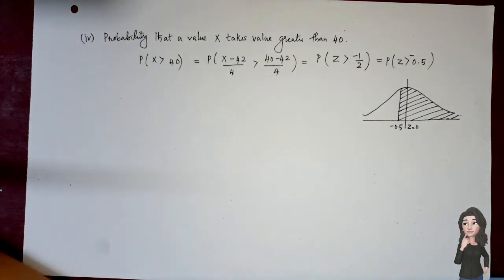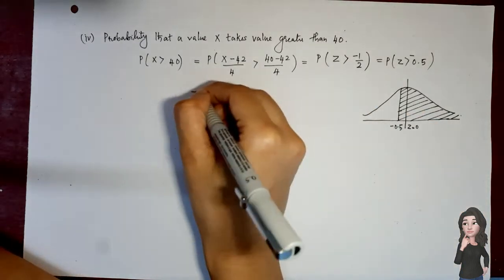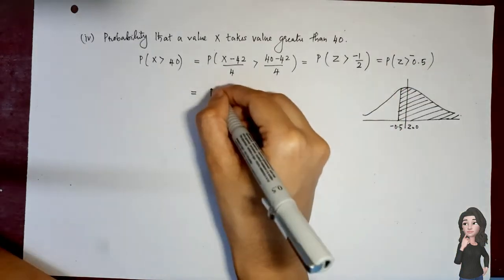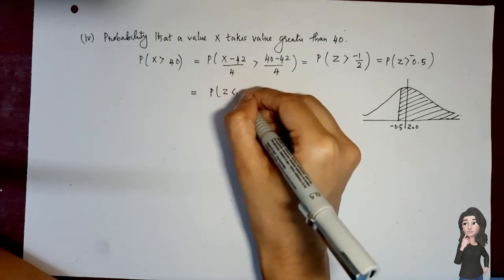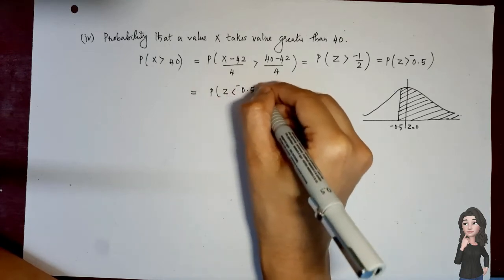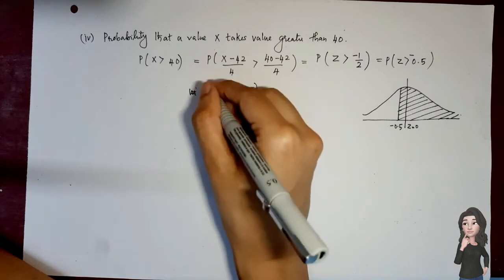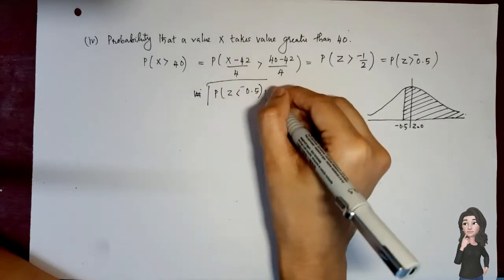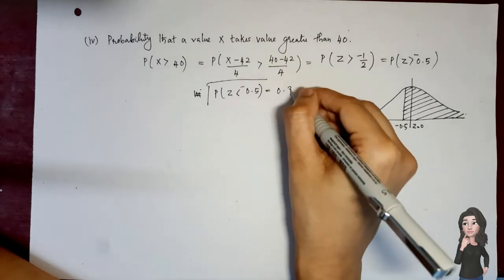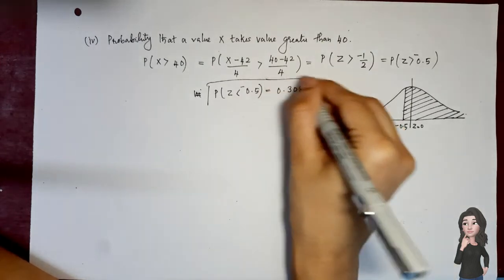We have already found the probability of z less than minus 0.5, which is 0.3085.